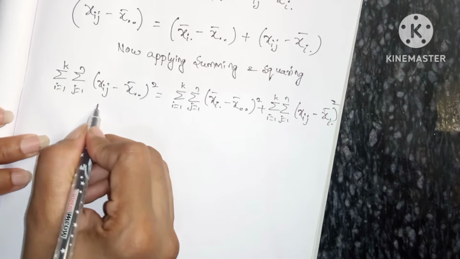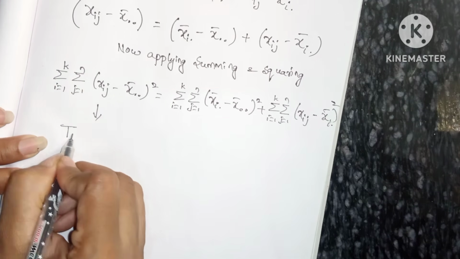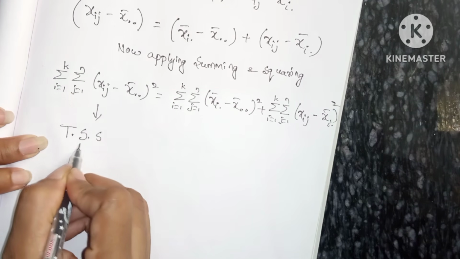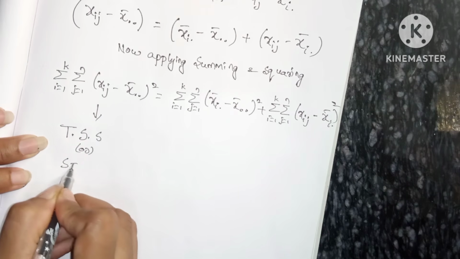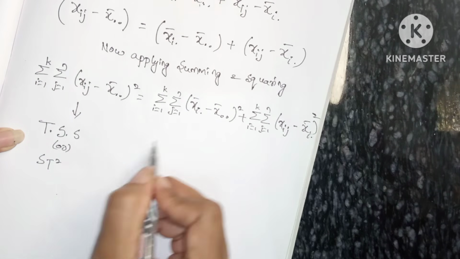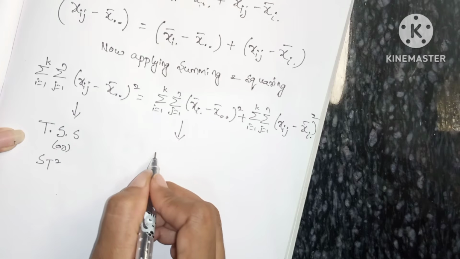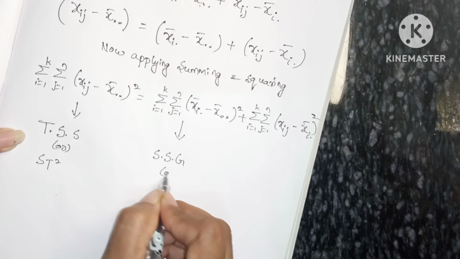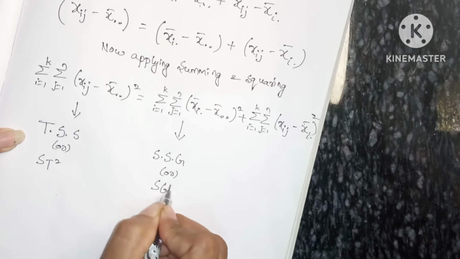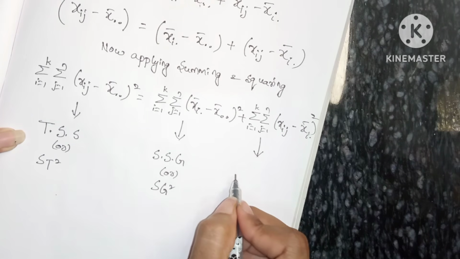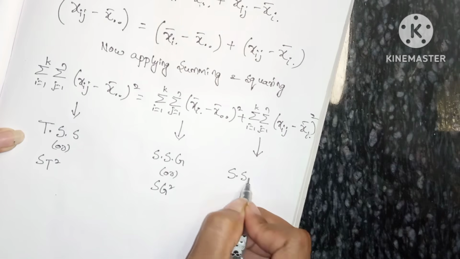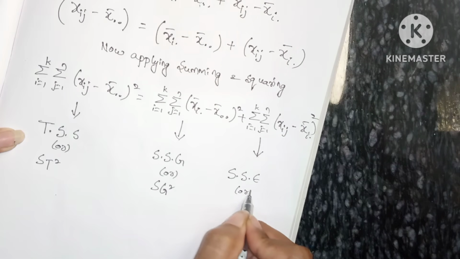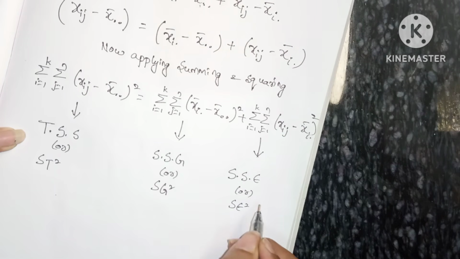Okay, so this one we call it as total sum of squares, or else we can write it as ST square. This one we call it as sum of squares of groups, or else SG square. So this one is SSE, sum of squares of errors, or we can write it as SE square.